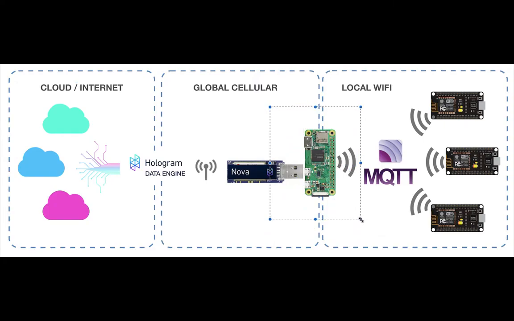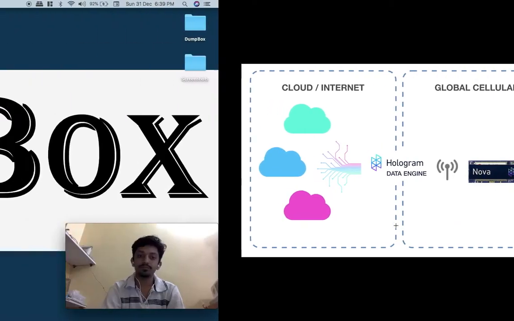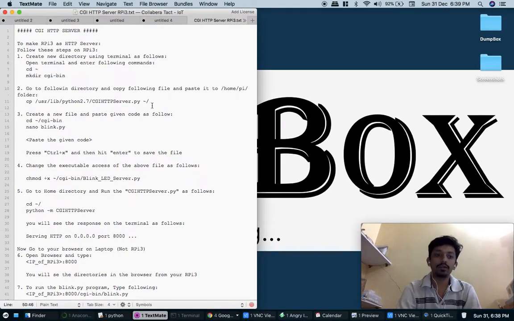In this video I'll show you how we can use Raspberry Pi as a server. As an example, I'll show you how to activate a CGI HTTP server on Pi 3. So what is a CGI HTTP server?